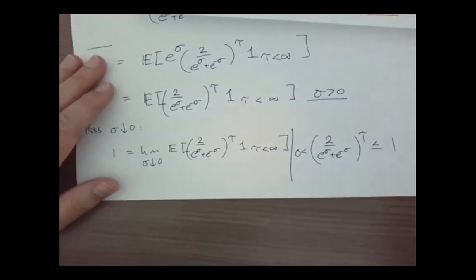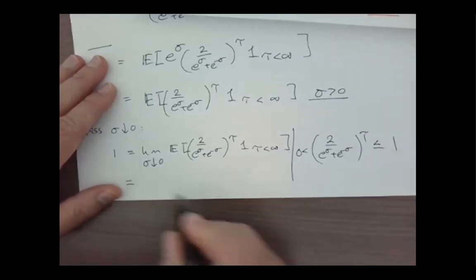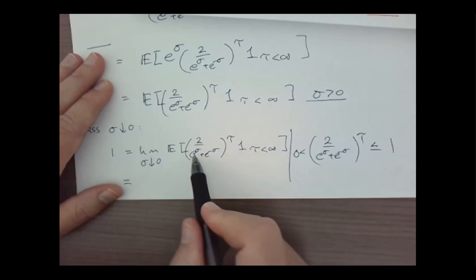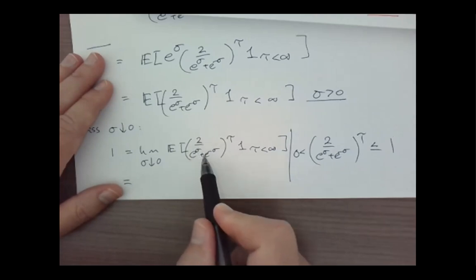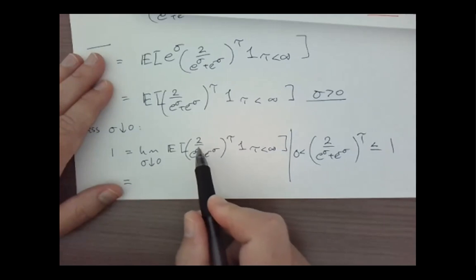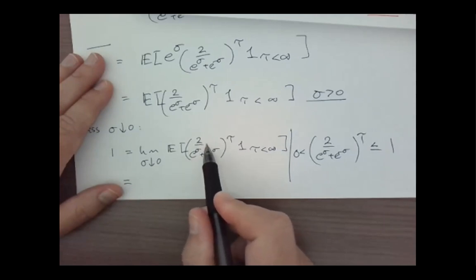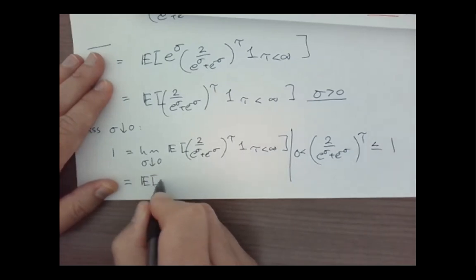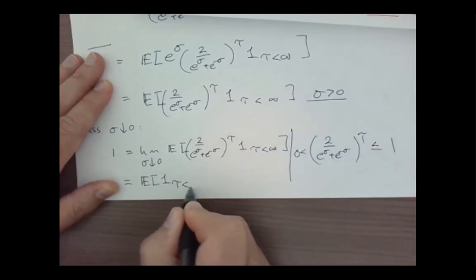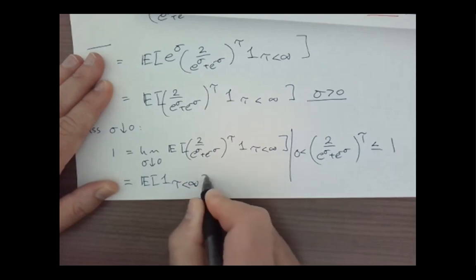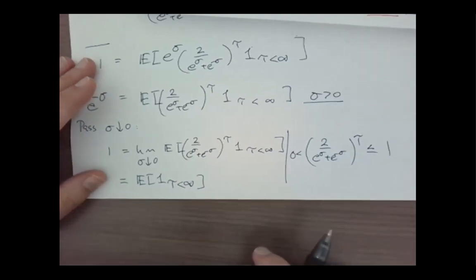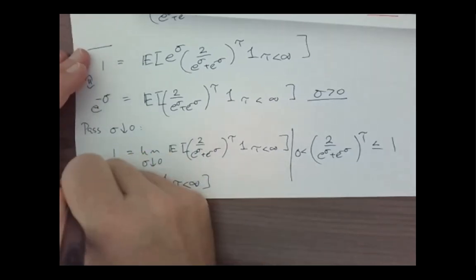And what happens when I pull the limit inside? Well, sigma is going to go to 0. So I get 2 divided by 1 plus 1, which is equal to 1, to the power tau. This here is going to give me the expectation of the indicator for tau being finite. Here this was dominated convergence.